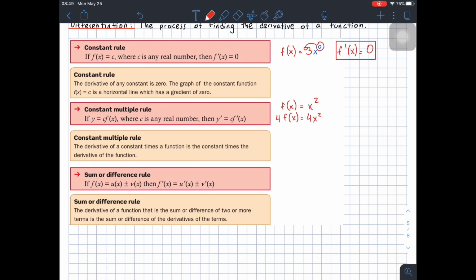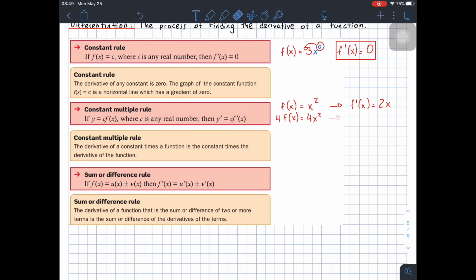And let me find the derivative of the first case, f prime of x. In this case, the derivative would be, we take the 2 down here, so it's 2x to the power of 1, right? 2x to the power of 1 is just the same as saying 2x. And here, I'm going to show you this.